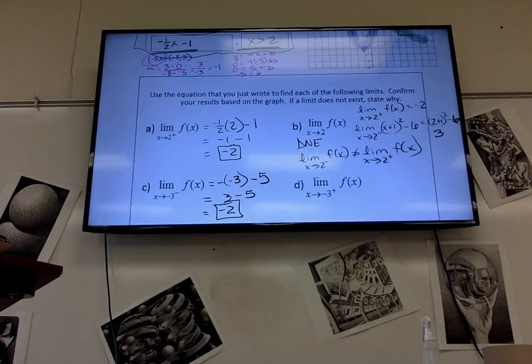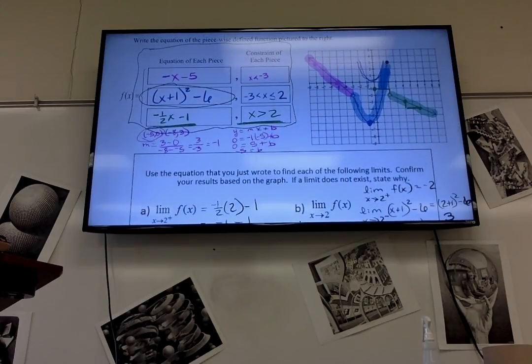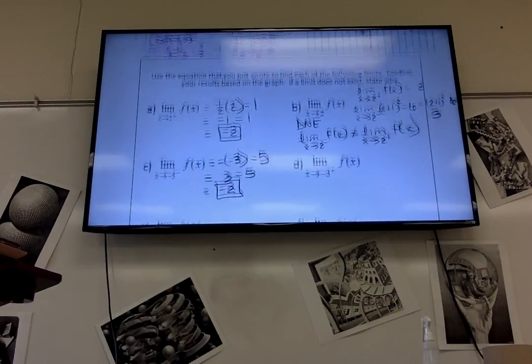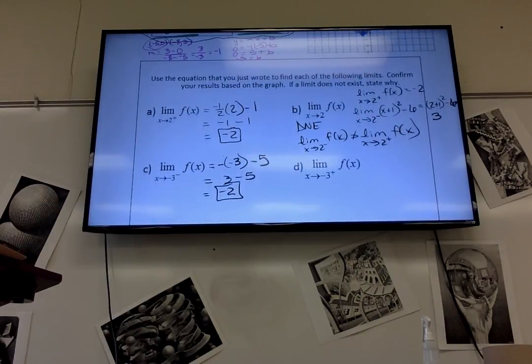So on D, limit as x approaches negative 3 from the right-hand side. Which equation should I use? First, second, or third? Sorry? Second one, that's right. Because the second one approaches negative 3 from the right. So I have x plus 1 squared.